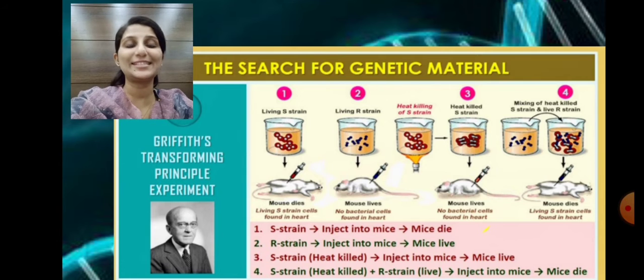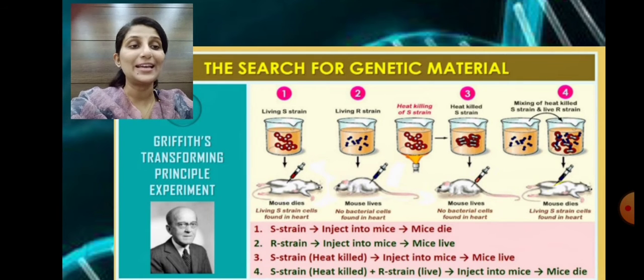In the fourth step, he mixed the heat-killed S strain plus the living R strain. So the dead heat-killed S strain and living R strain were injected together into the mice. And he found that the mice died of pneumonia.